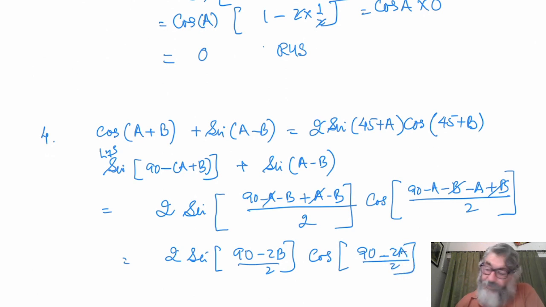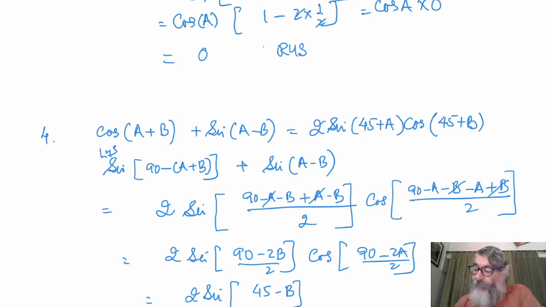It comes out to be 2 sin(45 minus B) and cos(45 minus A), because if you divide 90 by 2 you'll get this.